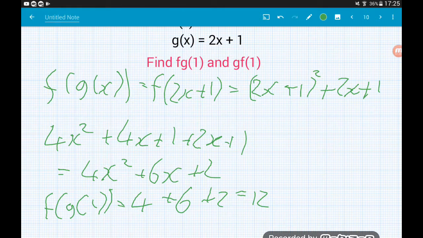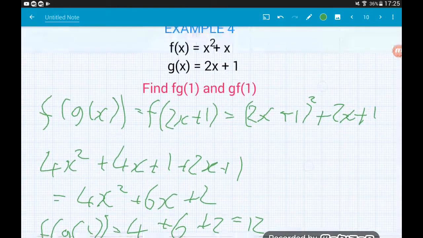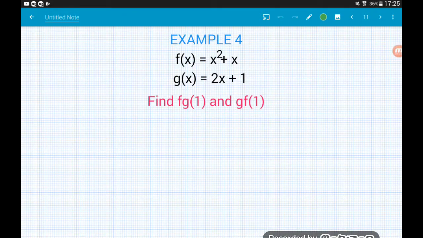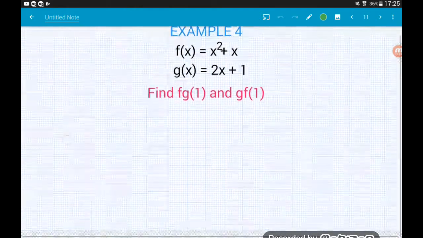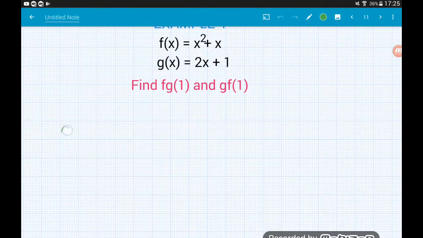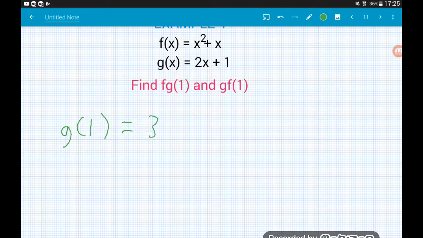Let's have a look at doing the same thing with the other method. Okay, so this time, we're going to first of all find g of 1, and then substitute that into the f function. So g of 1 is going to equal 2 times 1, add 1, which will give us 3.